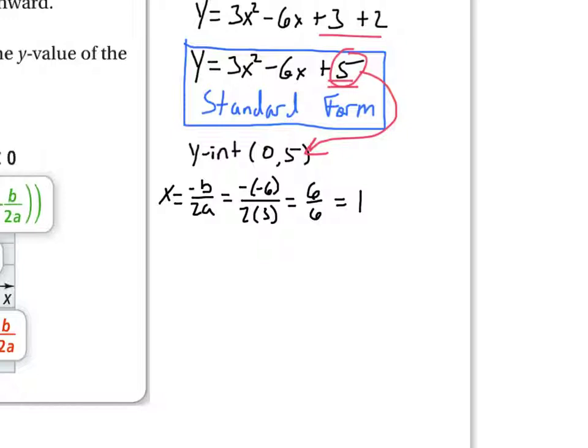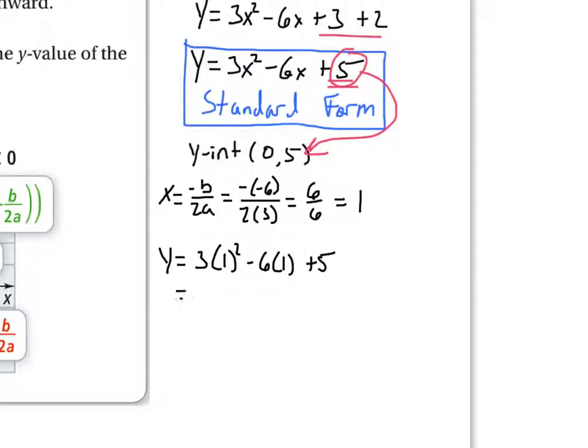Now to find the y-coordinate, it is just like we did the last 2 days, where we were just plotting points, right? We picked values of x, plugged them back into the original to find our value of y, right? Well, that's all we're going to do here: take that value of x, 1, and plug it back into our equation. So y equals 3 times 1 squared minus 6 times 1 plus 5.